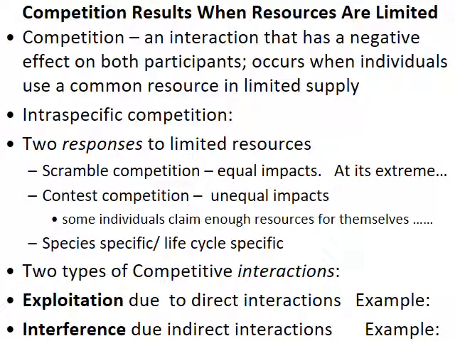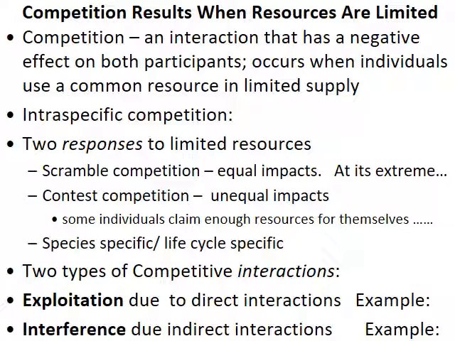So if we have a group of, we'll say, animals all drinking out of the same small watering hole, and there's a lot of animals and only a little bit of water, they're all drinking some of it, but none of them get enough to really survive. And so they're all feeling the effects of competition equally, and they might all die from that. That's the extreme of scramble competition, all individuals in that population dying.